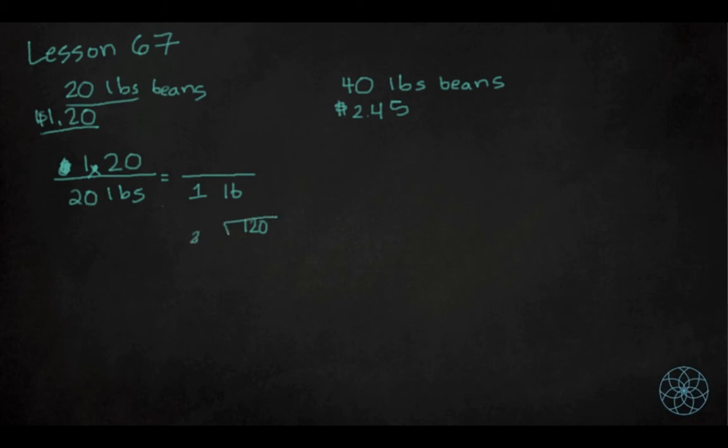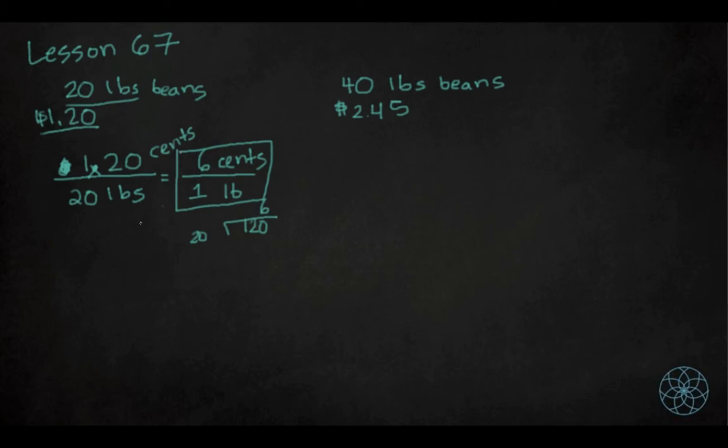And that will give us the final answer. So 120 divided by 20 is 6. And remember, we changed this to cents. So it costs 120 cents for 20 pounds, which means the cost per unit, or the unit price, is 6 cents per pound.